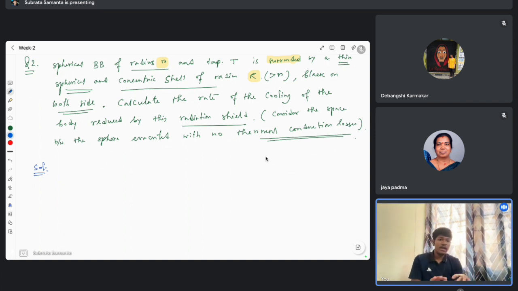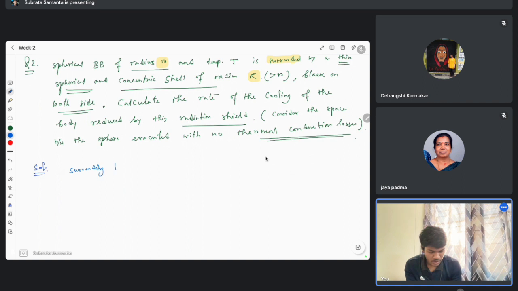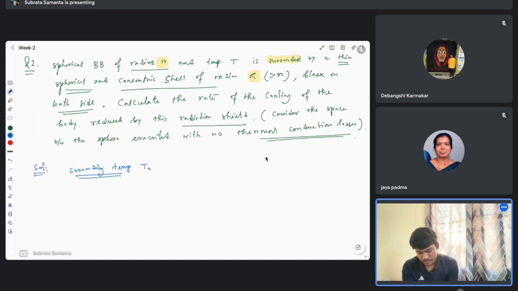So consider a black body of radius r and the surrounding temperature is, let's say, T naught. So which surrounding is the first black body of radius r? The rate of energy loss of the black body before being surrounded by a spherical shell.